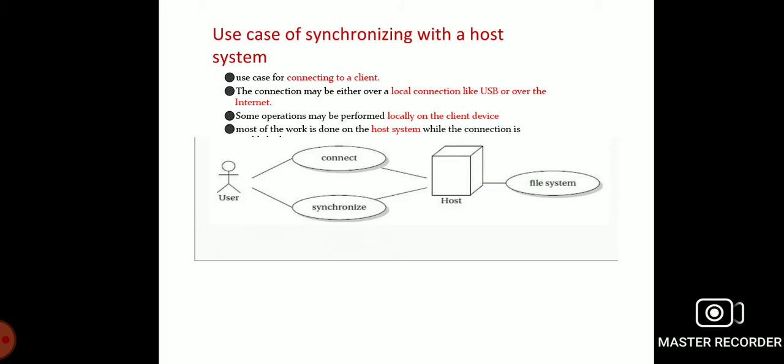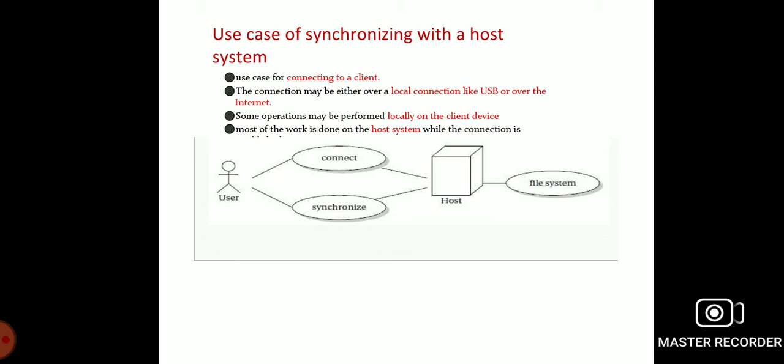Now we can move to the use case of synchronizing with a host system. In the use case of connecting to a client, the connection may be either over a local connection like USB or over the internet. Some operations may be performed locally on the client device.